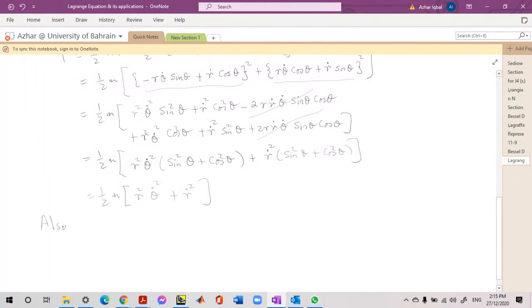Also, we know that the potential energy is a function of r only, the radial distance.